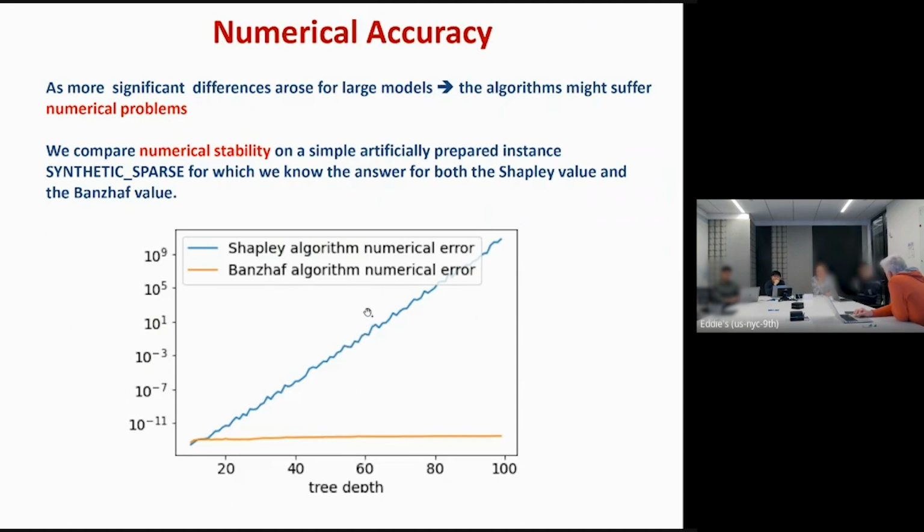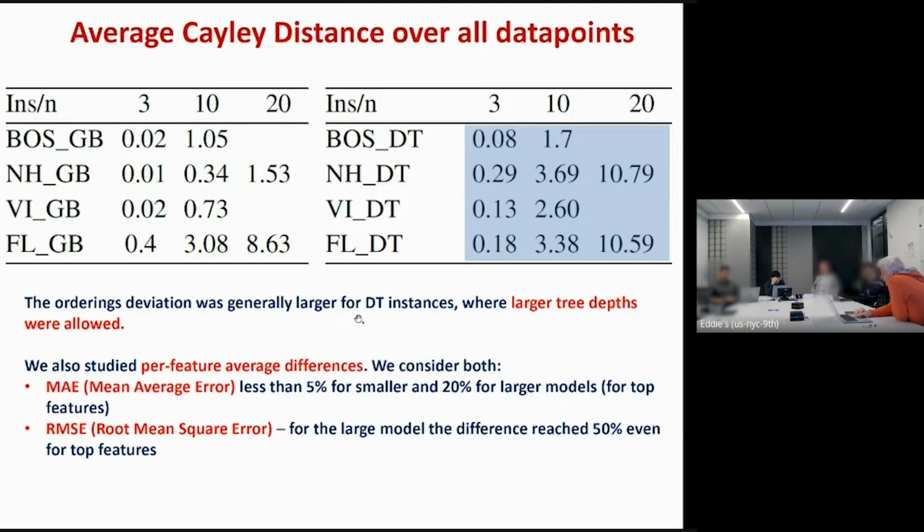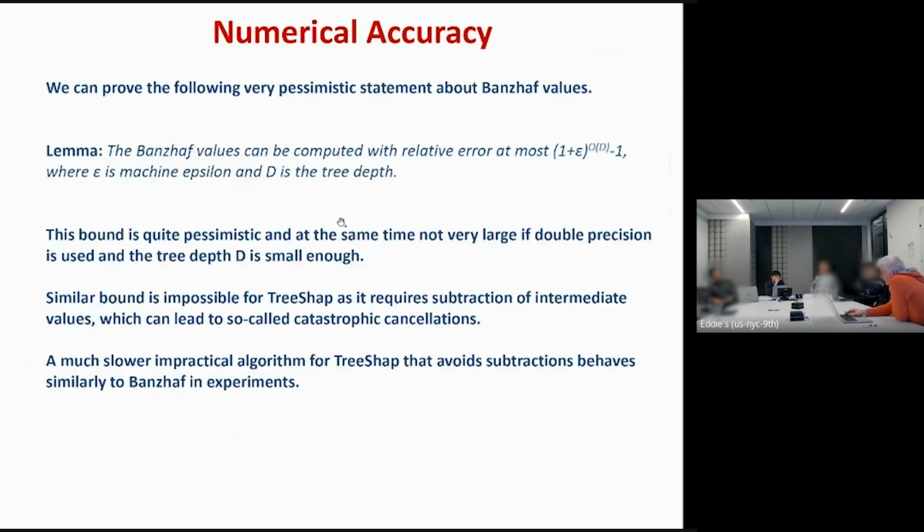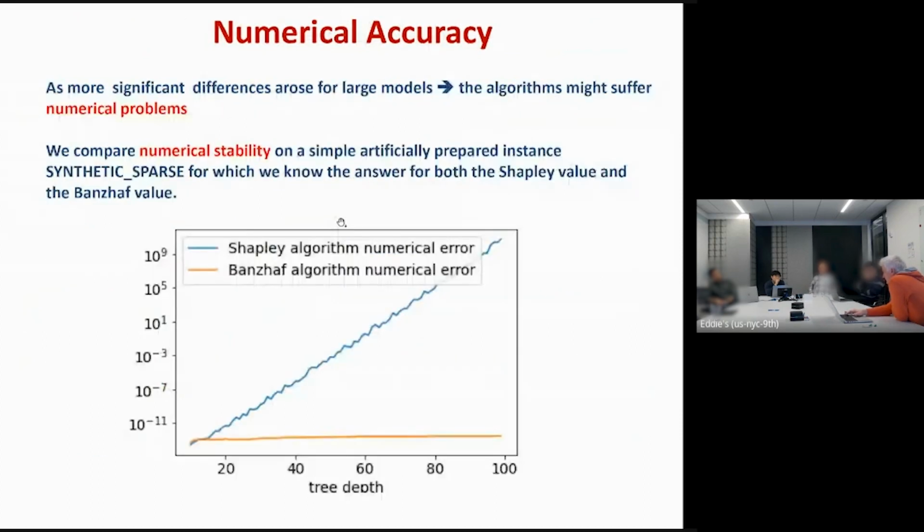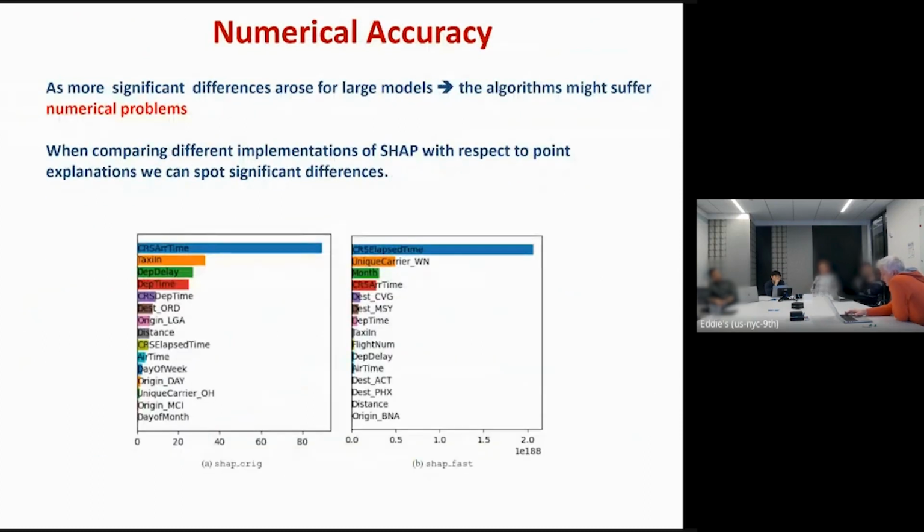If your model prediction is 1, then the numerical mistakes can dominate your output. And for the DT model, on some of the data sets like flights, we had trees of depth 40 or 50. So you can already suspect that bad things can happen, and actually they happen.